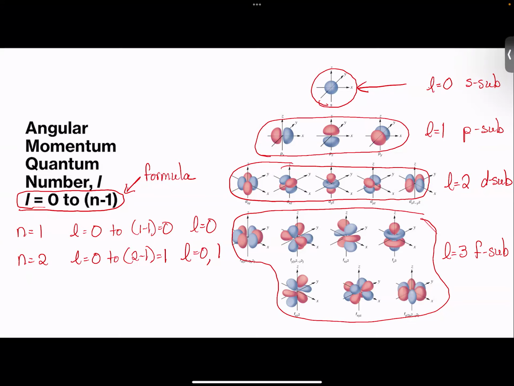Now, when n is equal to 2, meaning you're now in that second layer away from the nucleus, you have the opportunity to have L equal to 0 and L equal to 1, which means you're going to have the S subshell and the P subshell available to you. The electron will be in one. If it's in the S subshell, it will be in the sphere. If it's in a P subshell, the electron density map is telling us that it will be in one of these lobes.